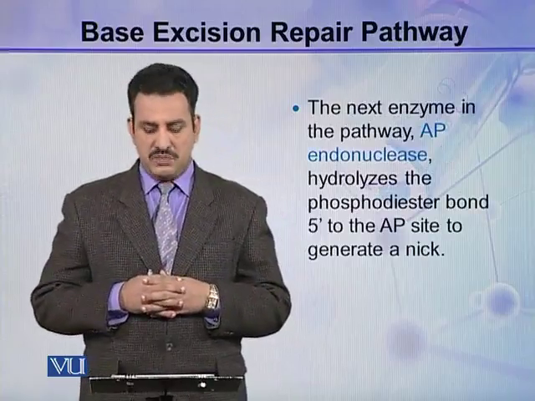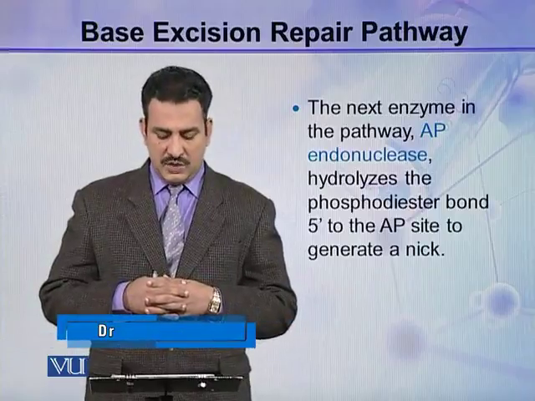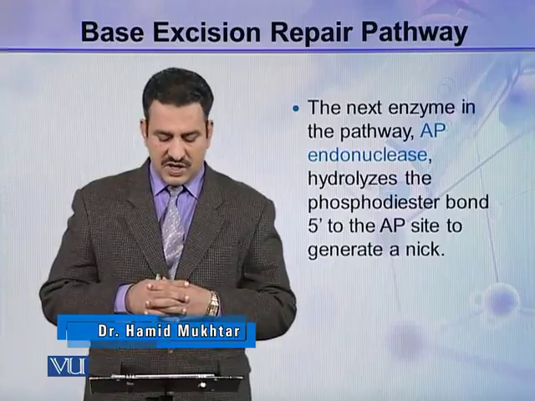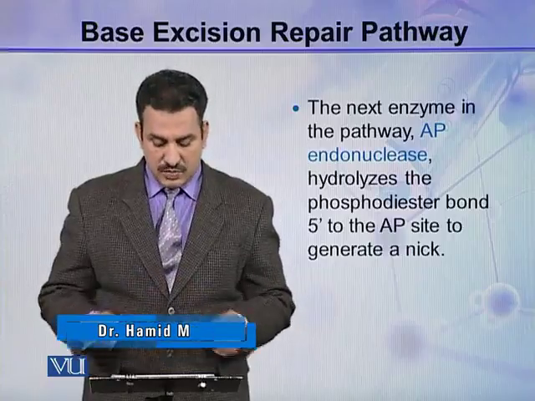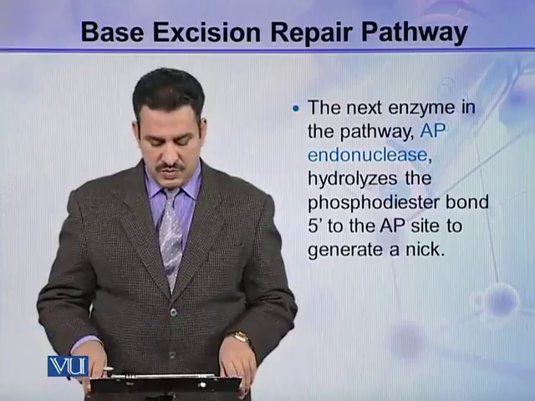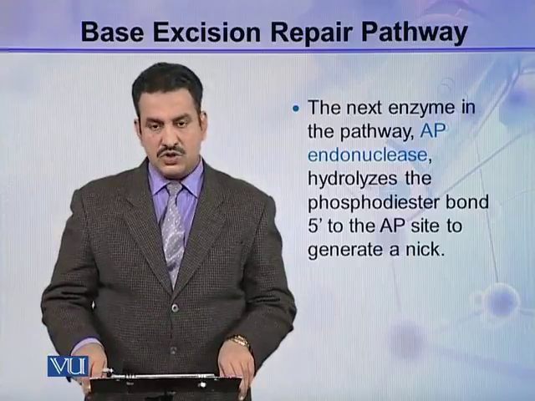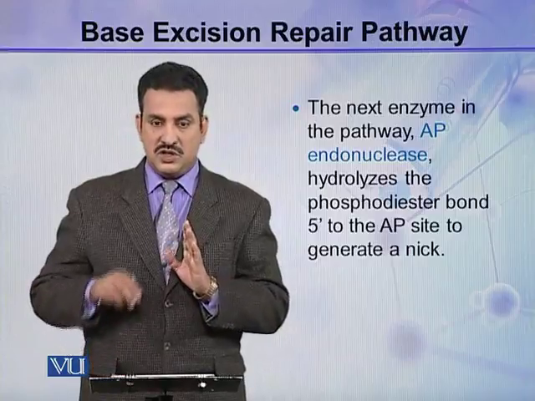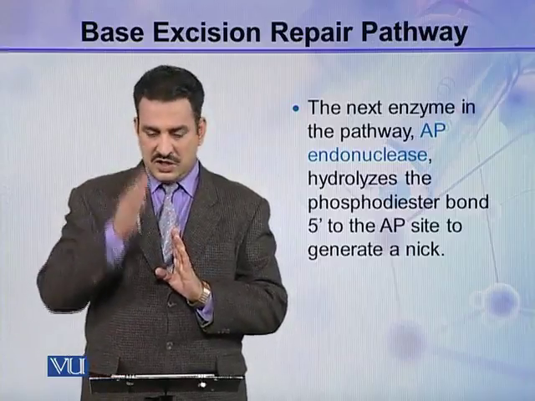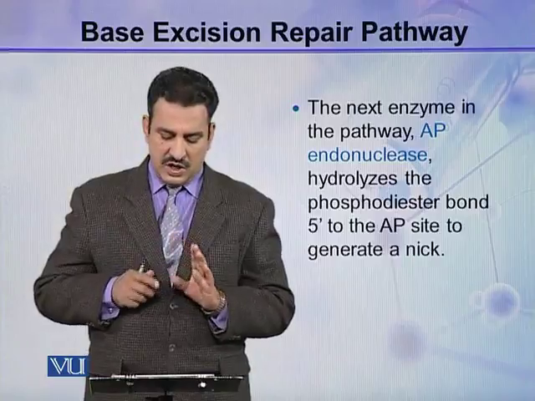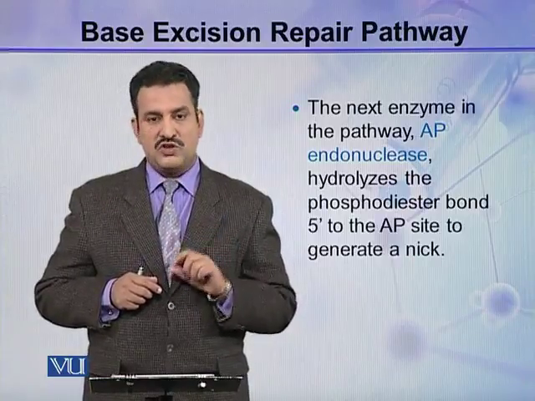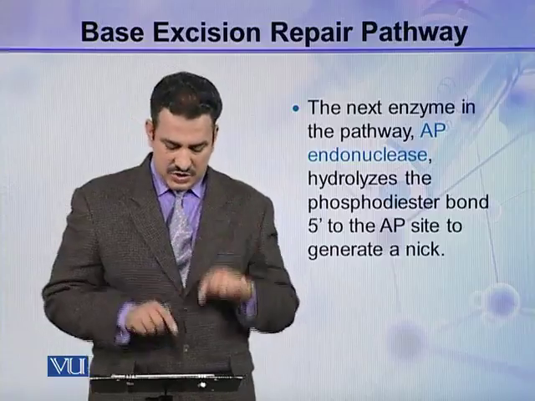The next enzyme in the pathway is AP endonuclease, and this enzyme hydrolyzes the phosphodiester bond 5' to the AP site to generate a nick. So this second enzyme cuts the strand 5' to the AP site to generate a nick or a cut.